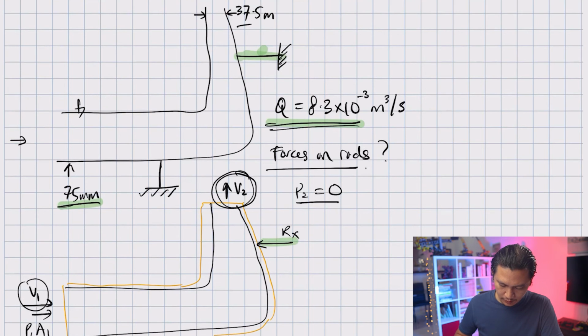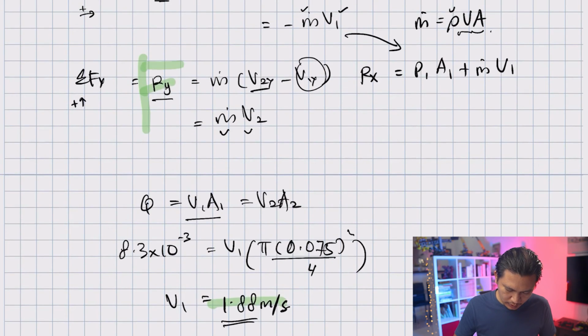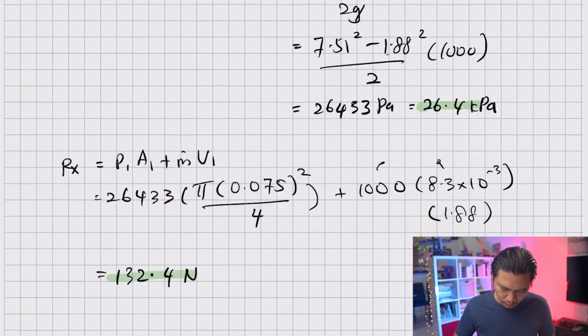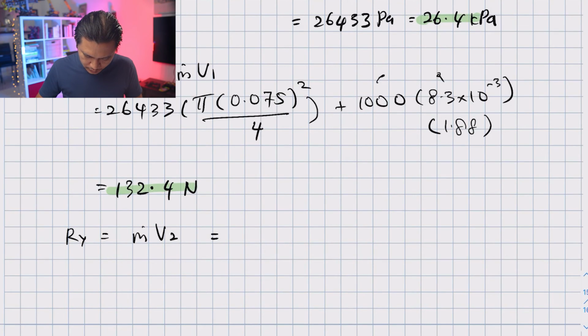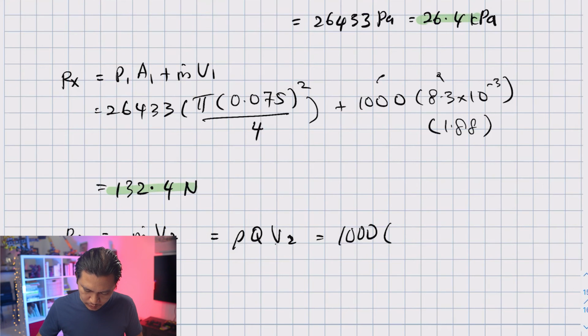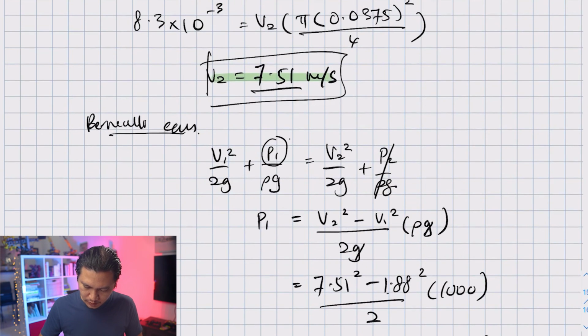And to find Ry is simply m dot V2. Let's write it again here. Ry is m dot V2. So m dot is rho times Q times V2. So 1000 times 8.3 times 10 to the power of minus 3 times V2, which is 7.51.